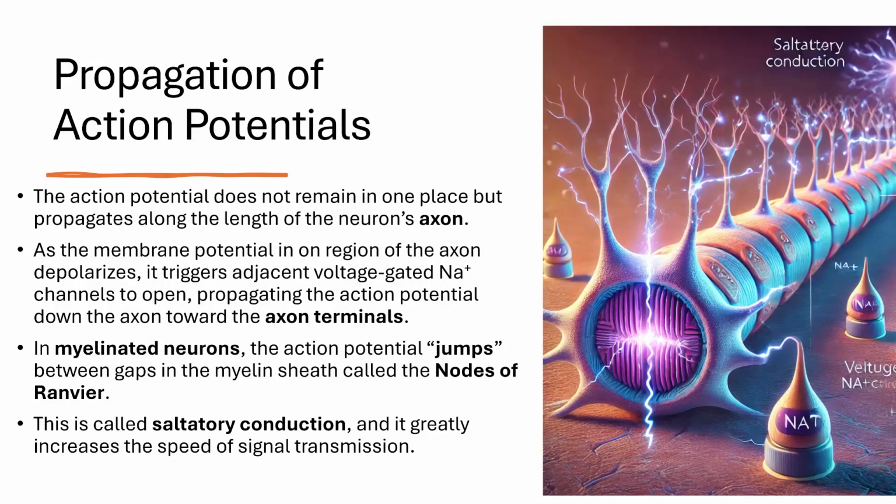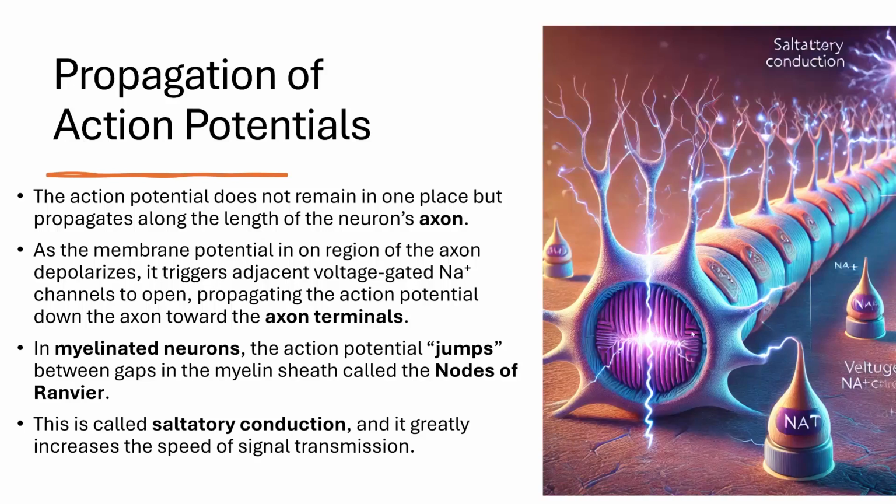Now, let's talk about the propagation of action potentials. The action potential does not remain in one place, but propagates along the length of the axon. As one region of the axon depolarizes, it triggers adjacent voltage-gated sodium channels to open, propagating the action potential down the axon towards the axon terminals.